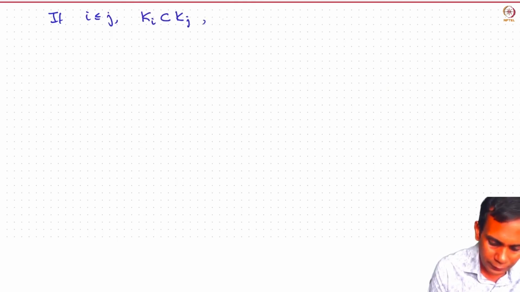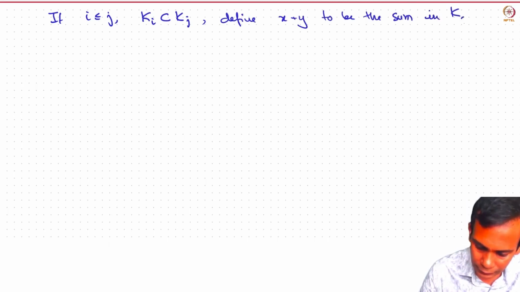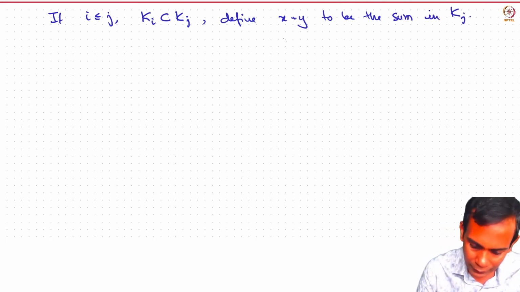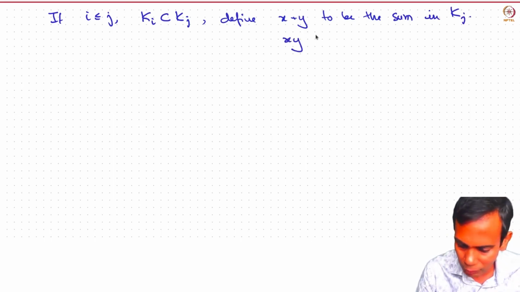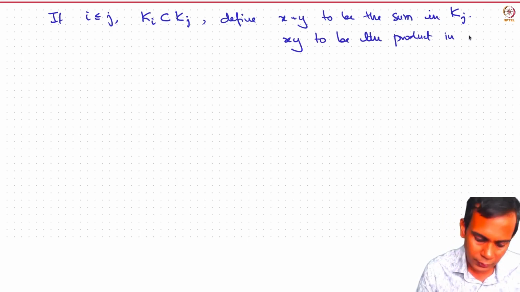And so define x plus y to be the sum in Kj. And you can also define x times y to be the product in Kj. So just define sum and product to be sums and products in the larger of the fields containing these elements.